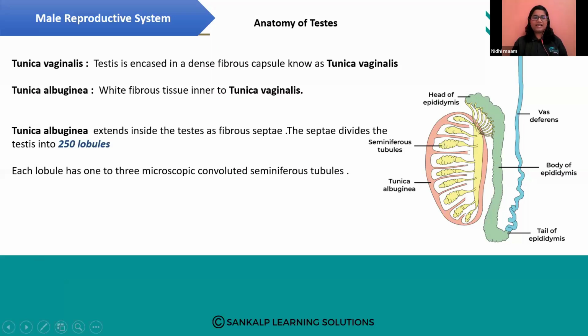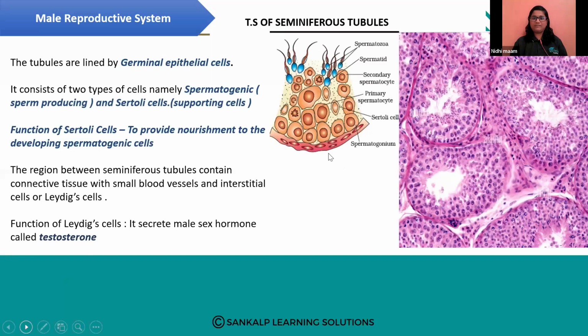Inside the seminiferous tubules, the inner lining is covered by, as they ask, the inner lining. Here you can see spermatogonia, or spermatogonium. In between the spermatogonium, Sertoli cells will be present. These are the Sertoli cells, roughly convex in shape. And here you can see spermatogonium or spermatogonia.